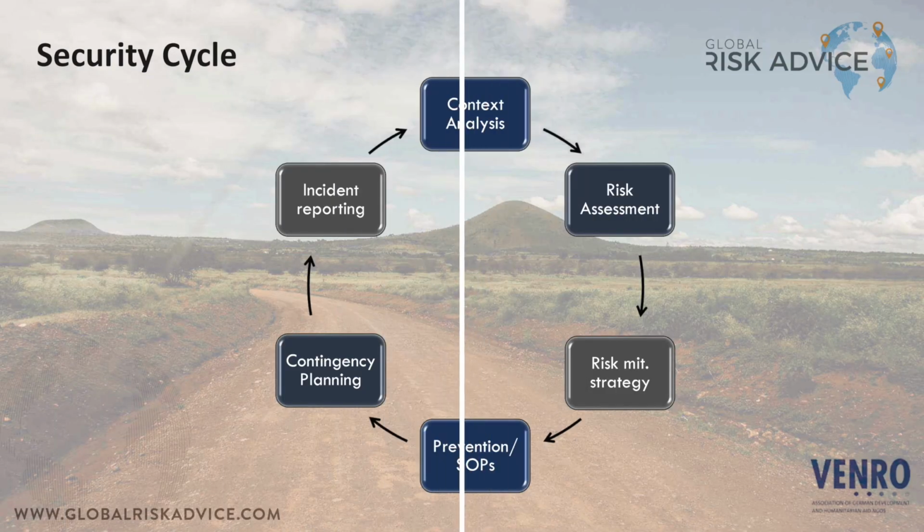Going to the next step, we're going to talk about the security cycle, which I already addressed shortly. The security cycle is the cycle you go through for your policies and protocols, so your country security plans, but sometimes also very practical if you have your travel preparations. It's a step of, first you do your context analysis.